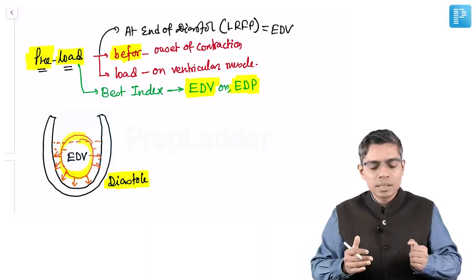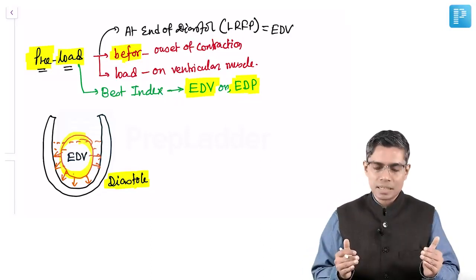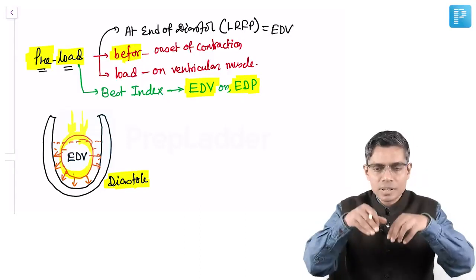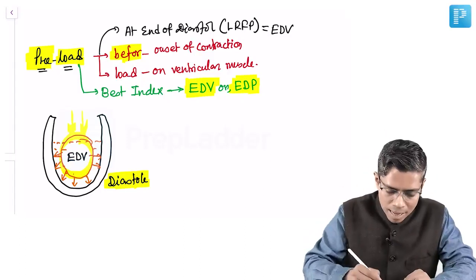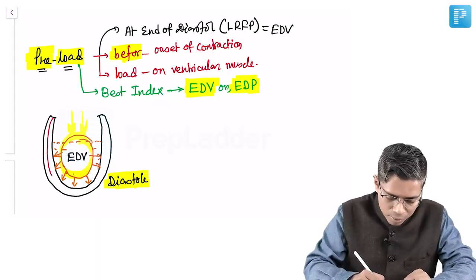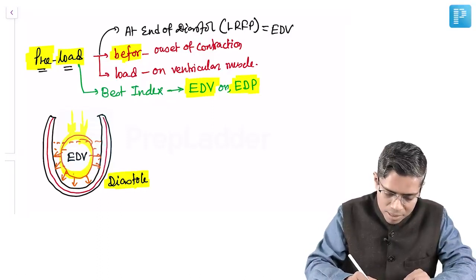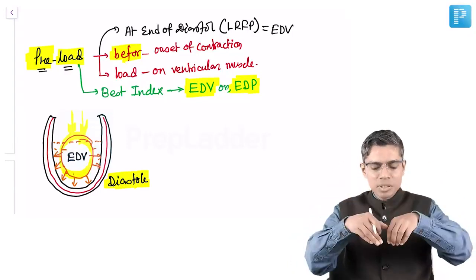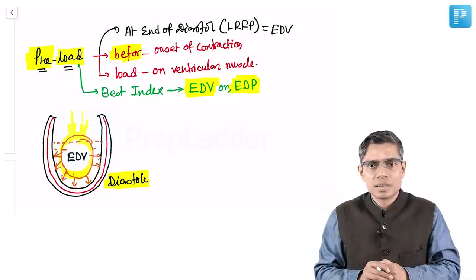What will happen to the length of the ventricular muscle in this condition? Whenever you are injecting more and more blood in the ventricle, what will happen to the length of this ventricular muscle? Obvious thing is that the ventricle will go for more and more stretching. So more blood is coming to the ventricle, more stretching of the ventricular muscle.